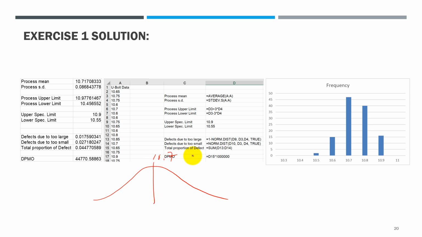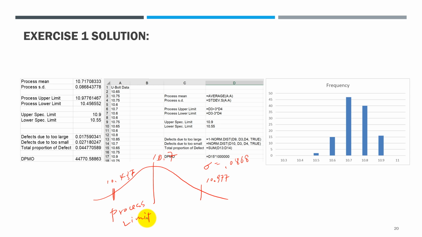Okay, standard deviation is 0.0868, and 3 standard deviation from the center is 10.4 here. 3 standard deviation beyond the average is 9.7. Okay, so this is your process limit.